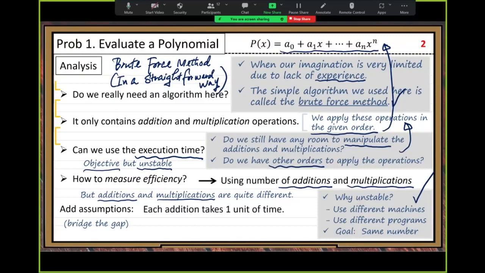What assumption do we want to make? Each addition takes 1 unit of time. Okay, that unit here we do not specify.